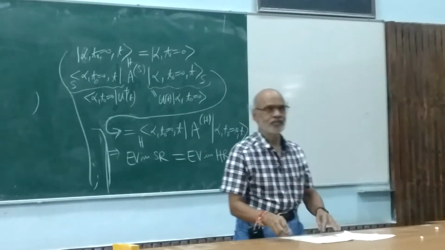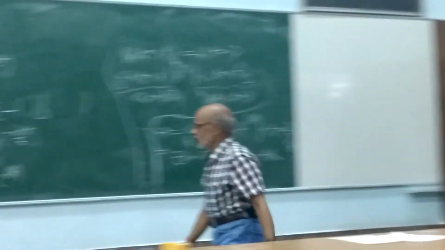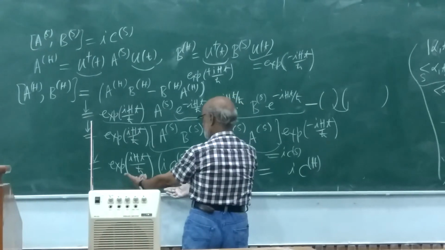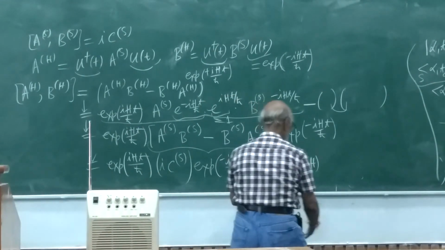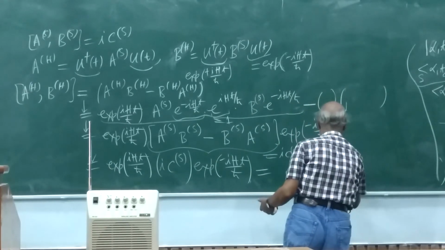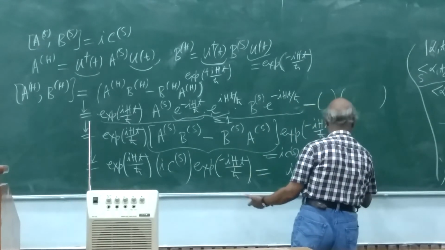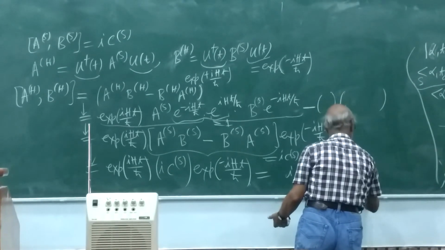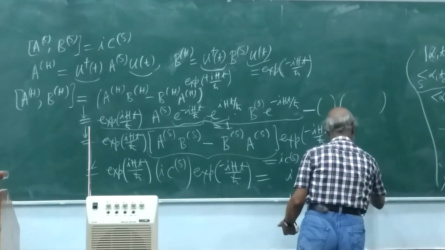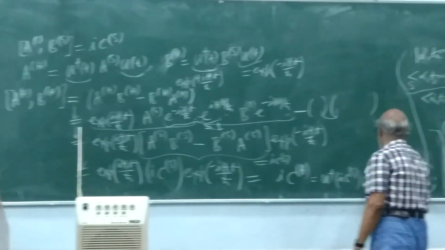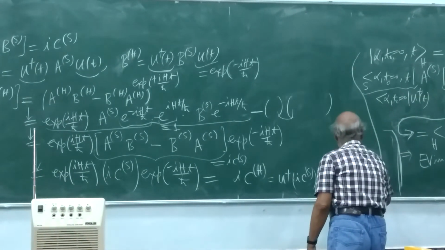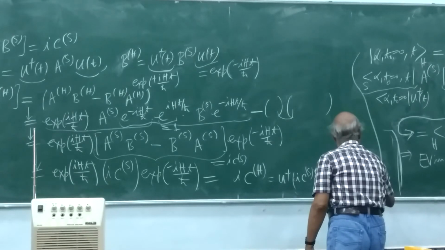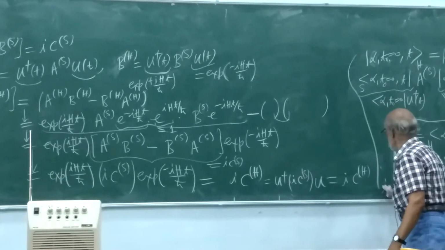Is this clear? This is U dagger. This is U dagger, I dx, and U. So this is I dx.